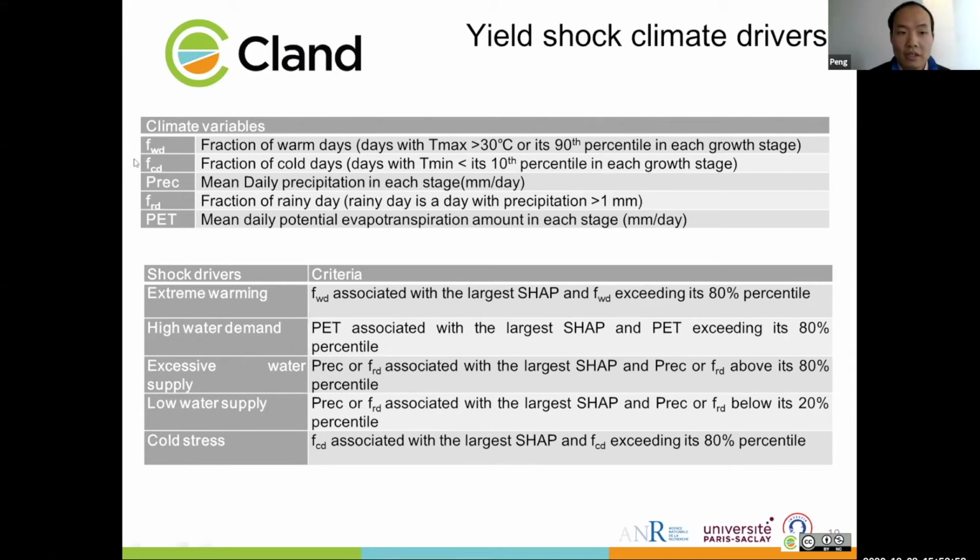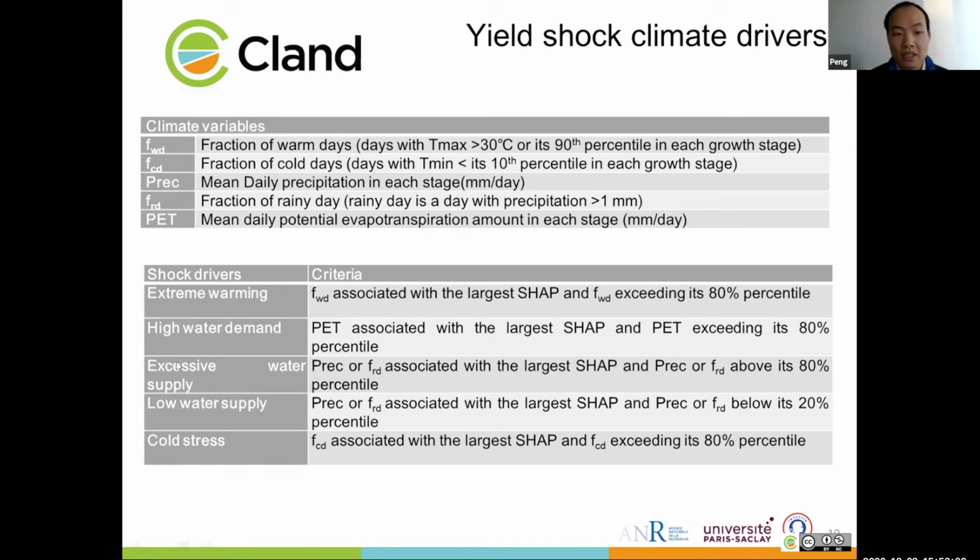If a variable has the largest contribution to the yield shock probability and also corresponds to an abnormally high or low value, then, for example, warm days will be identified as the yield shock driver. But for warm days, we don't consider the low value, because only high temperature normally corresponds to a high probability of yield shock. But for precipitation-related variables, we consider both low and high values.